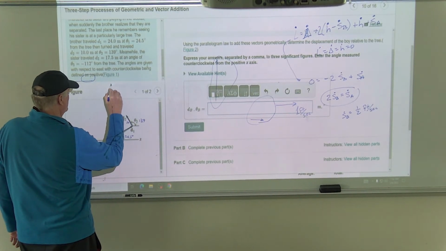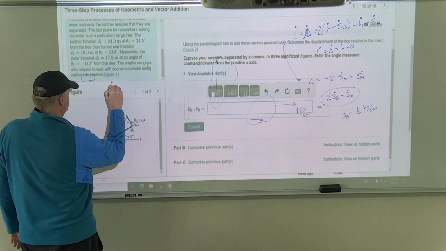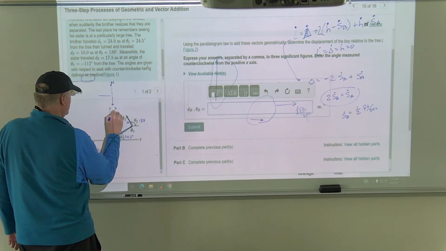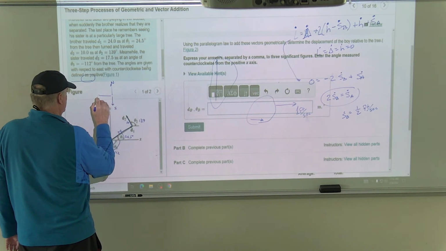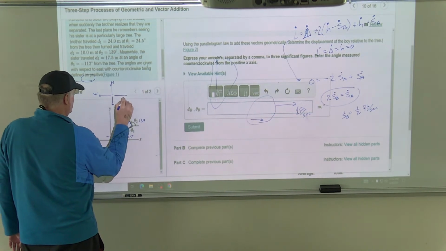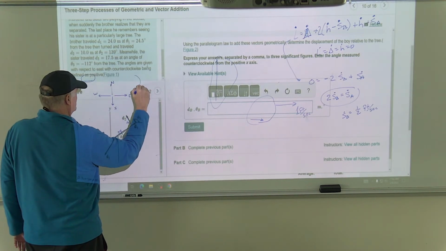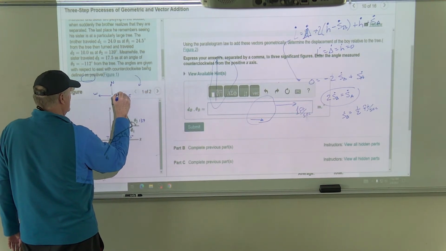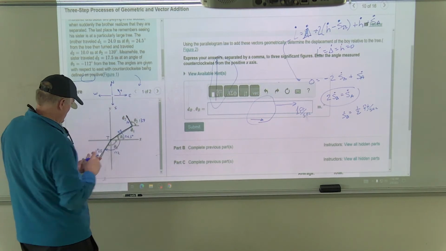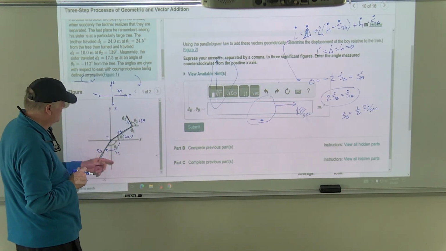So it's kind of weird. So here's his north, that's south, and this will be west, and there's his east. And he's saying clockwise runs this way, so he's saying this is positive. So that's his minus 112 thing.